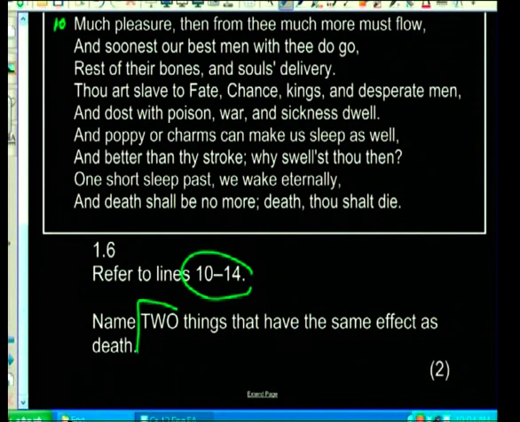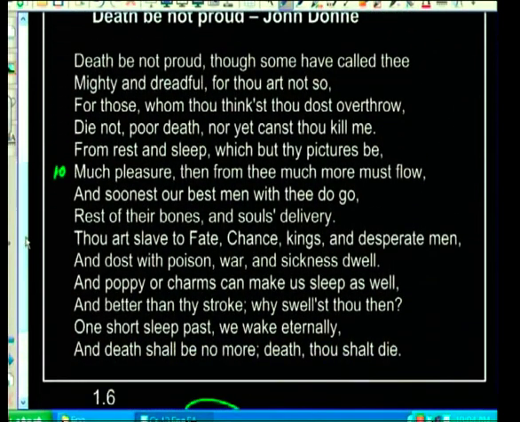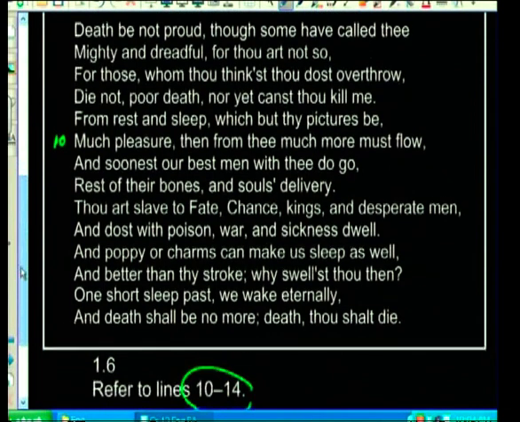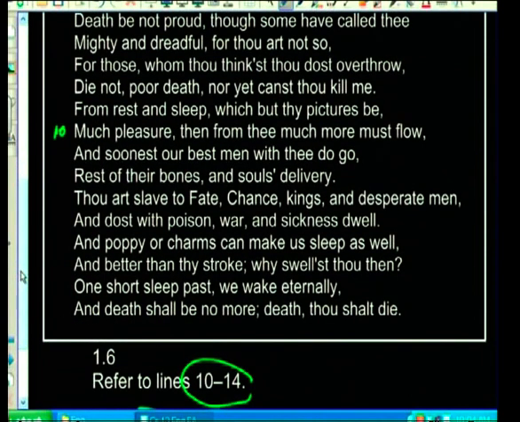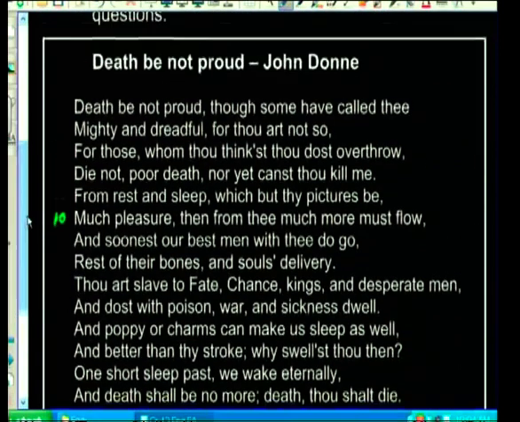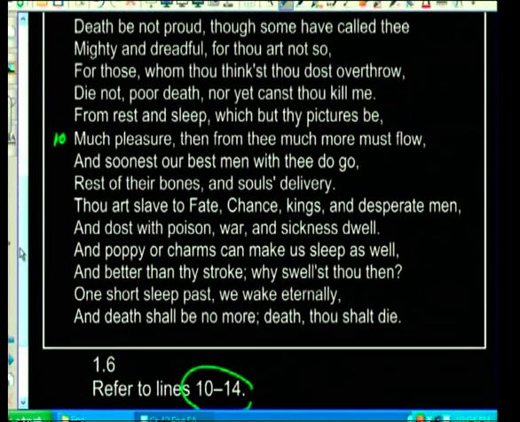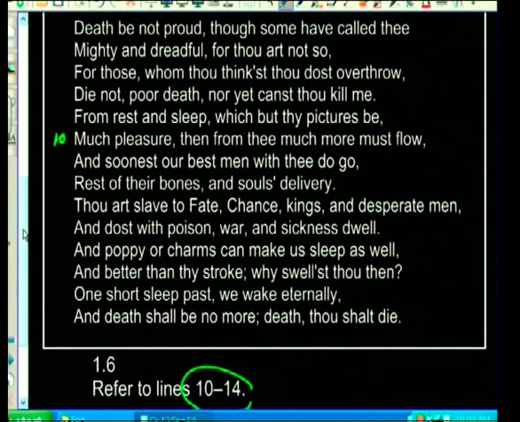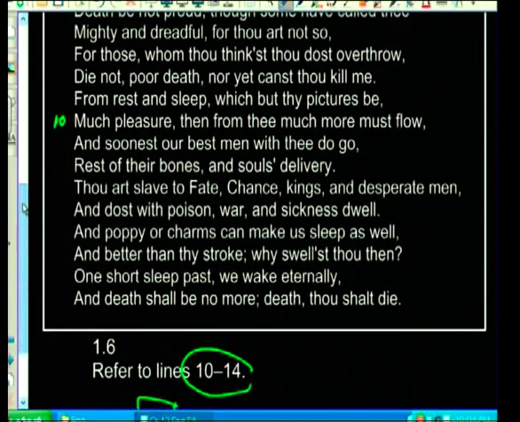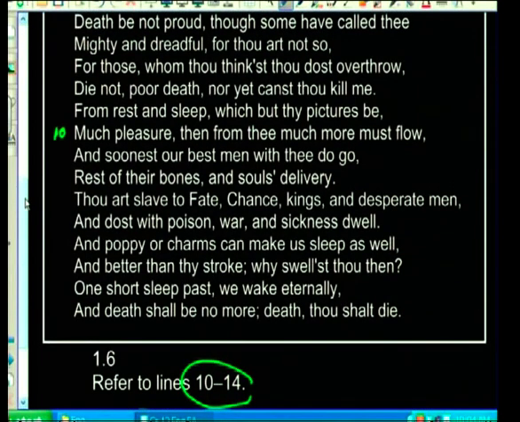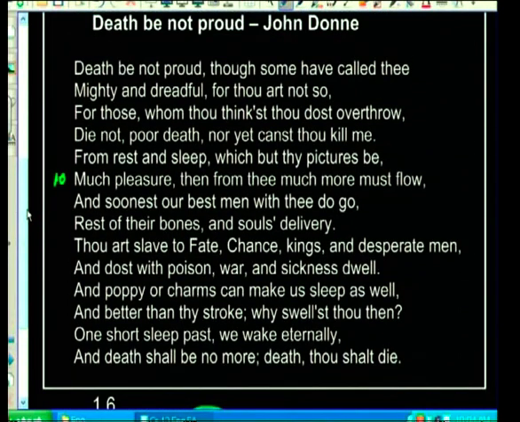Name 2 things that have the same effect as death. All right. And then you remember what John Donne said: you have pictures of peace and rest, but there's something else, and it's better than a stroke, which also gives us that, and that is poppies and charms.